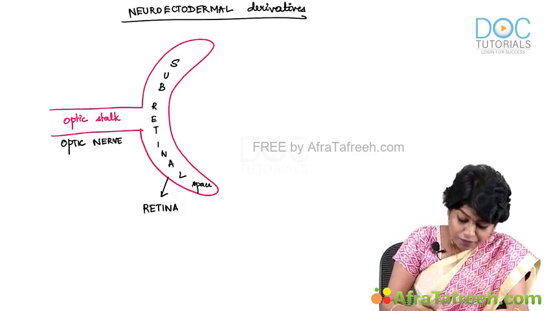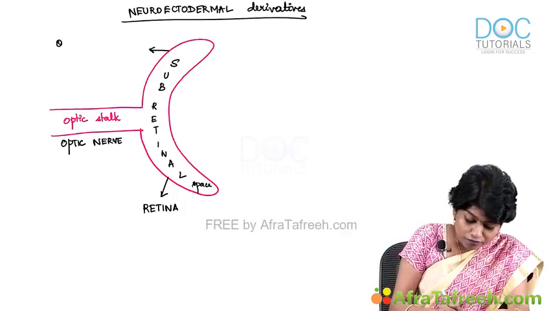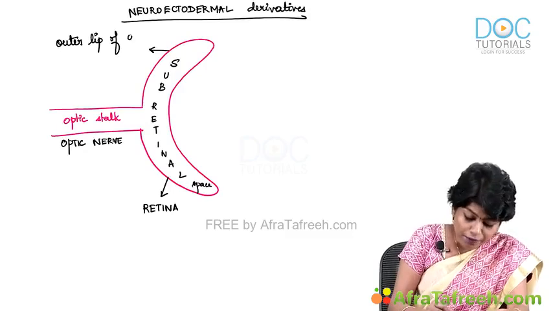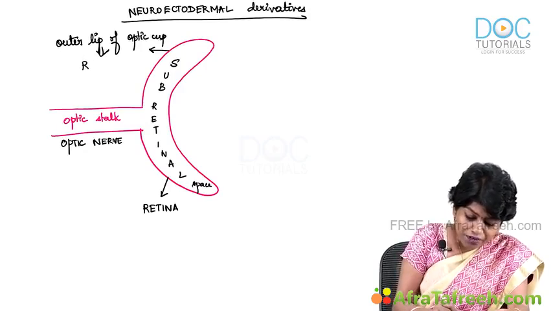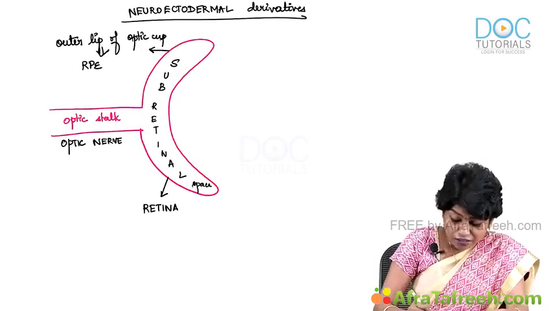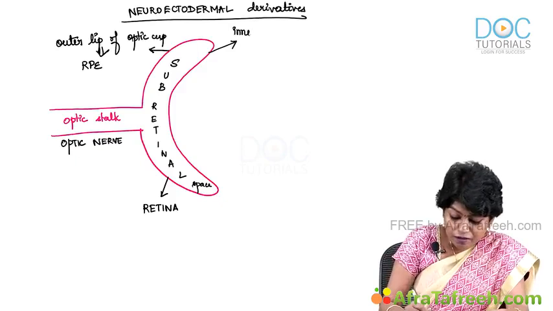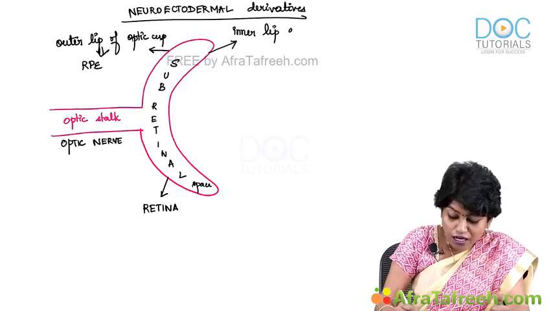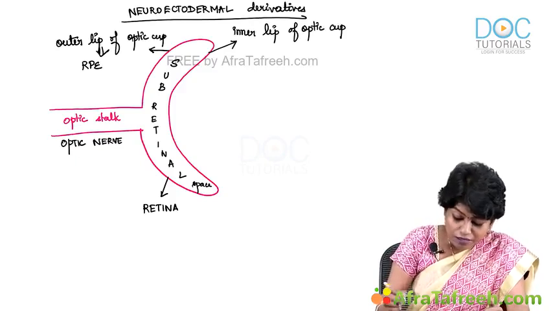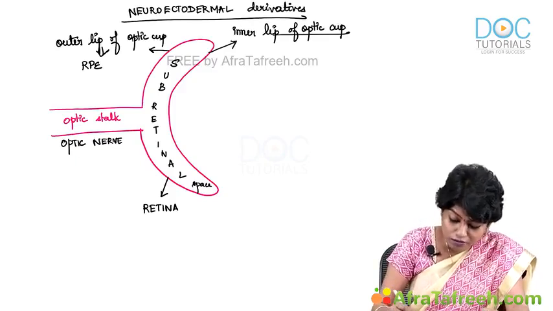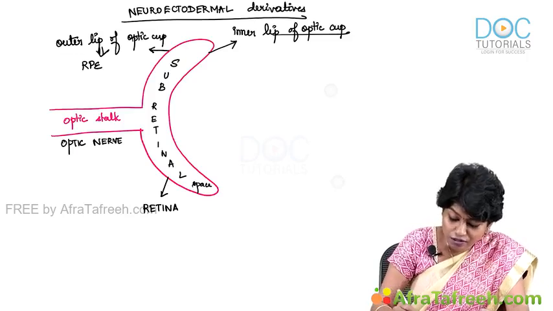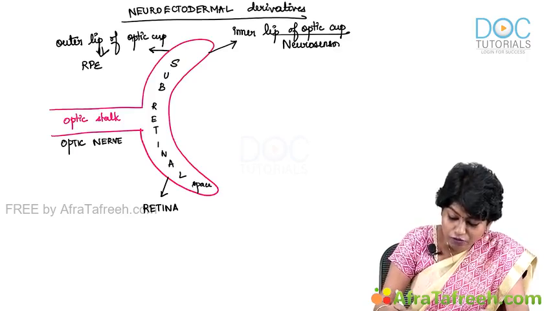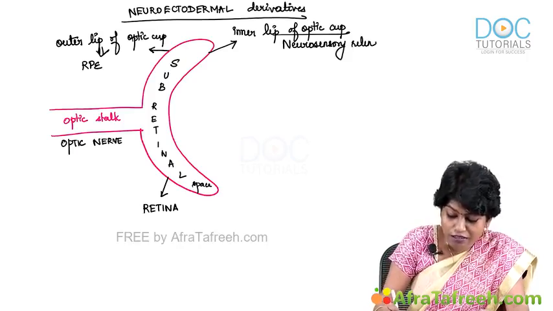That means the outer wall, or outer lip of the optic cup, gives rise to the RPE, and the inner lip of the optic cup gives rise to the neurosensory retina. Is that clear?